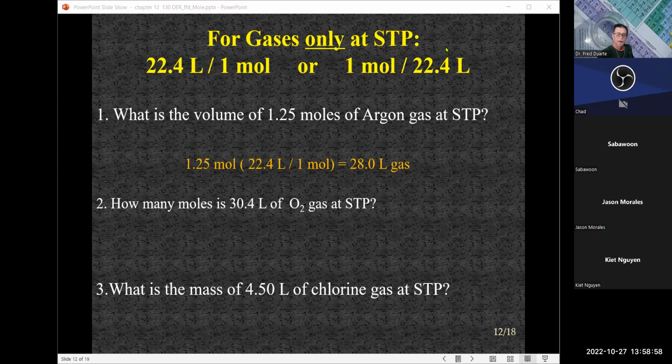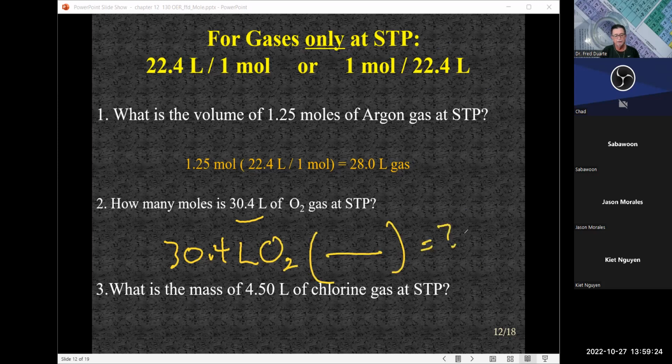Next question. How many moles is 30.4 liters of O2 gas, of oxygen, at STP? Okay, so how many moles if we're given 30.4 liters of O2? I'm going to need a conversion factor, and I need to get the moles of O2. Notice what we're given.